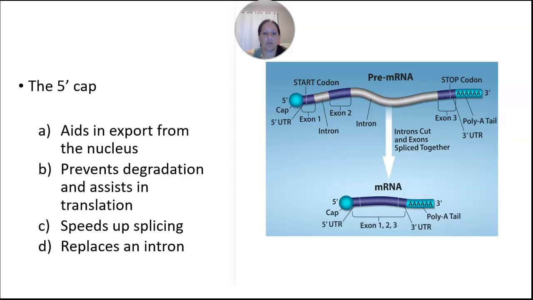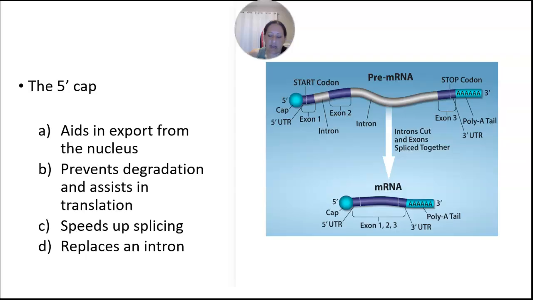Okay. The 5' cap. So which one is true here? Give you a minute. So B. Once it gets out to the cytoplasm, the mRNA, there's lots of enzymes in the cytoplasm that can degrade mRNA.